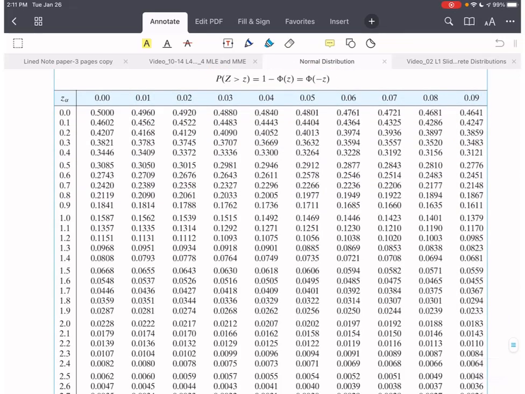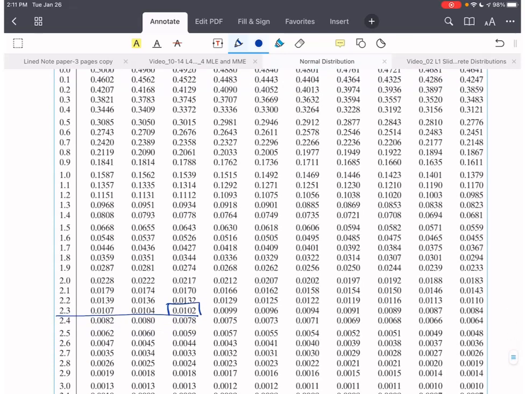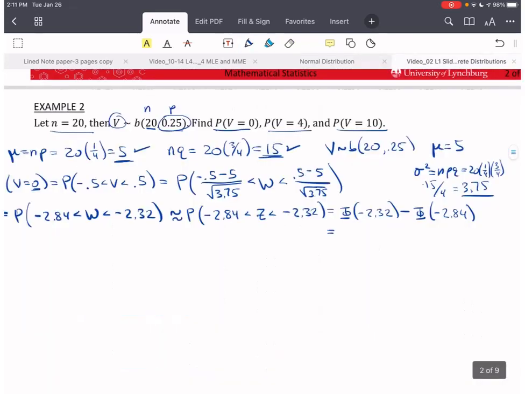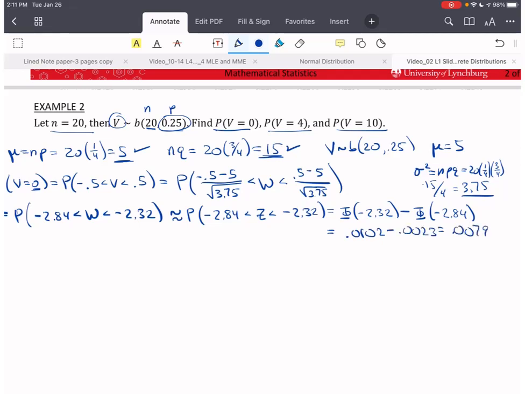Negative 2.32 is the bigger one, which gives 0.0102, and then negative 2.84 gives 0.0023. So we plug in those values, and this is 0.0102 minus 0.0023, which is 0.0079.